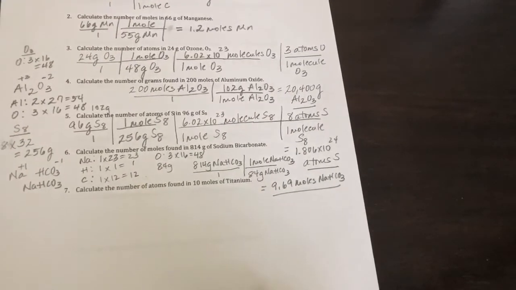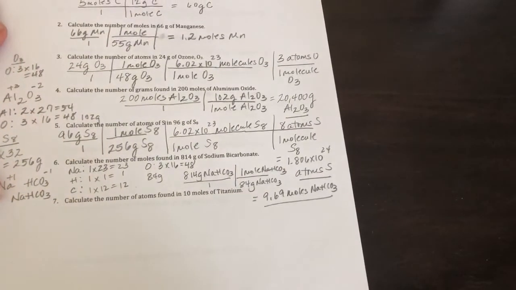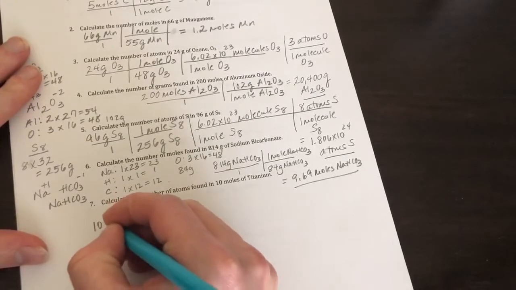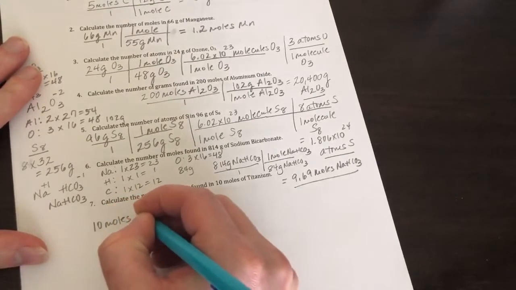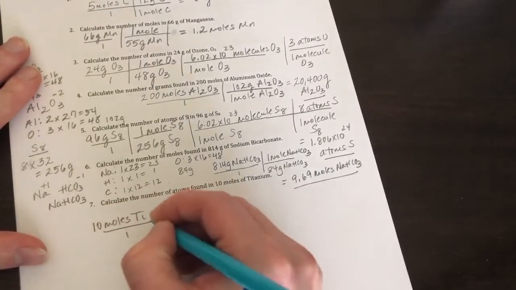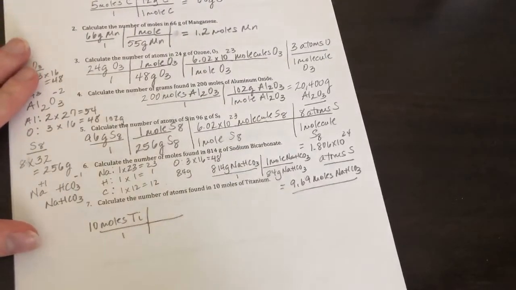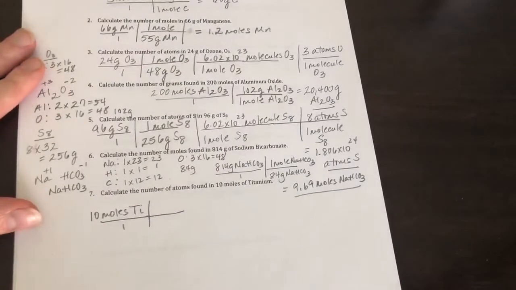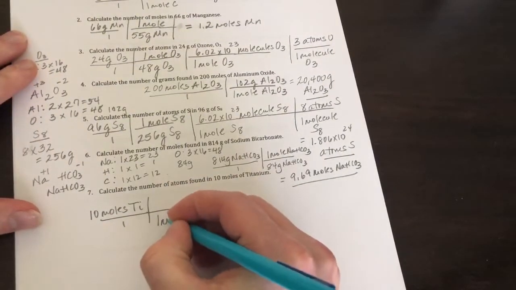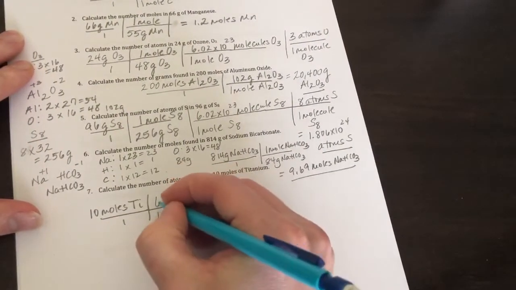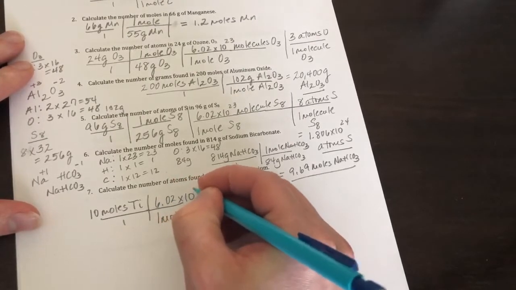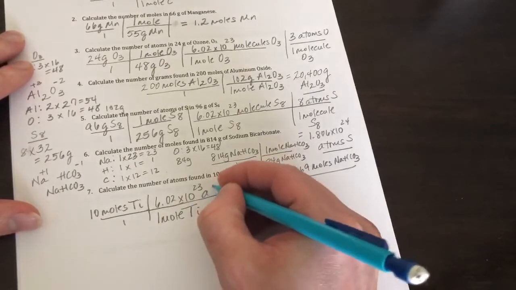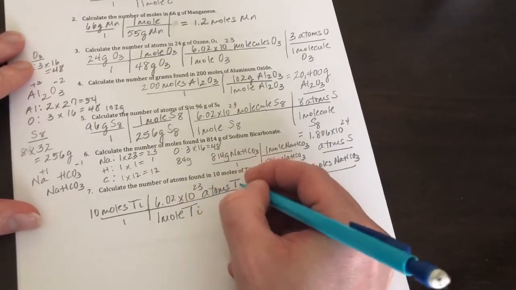Okay, last one on this worksheet. So it says calculate the number of atoms found in 10 moles of titanium. Okay, so 10 moles of Ti. Okay, it says we're trying to find atoms, and we're dealing with an element because there's only one type of atom in this thing. So 1 mole is 6.02 times 10 to the 23rd atoms of Ti.